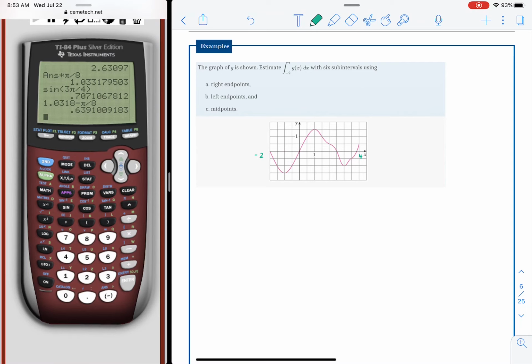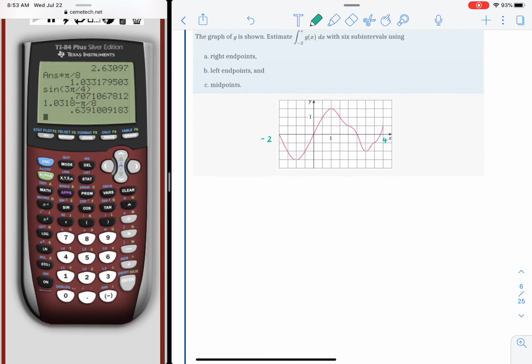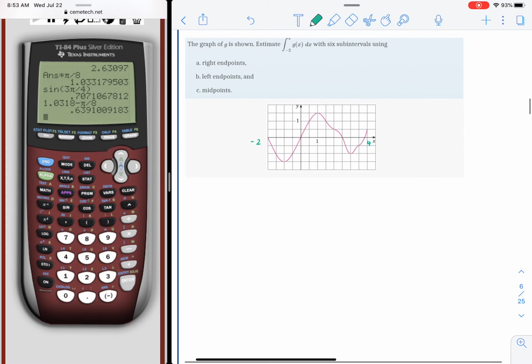So we have to do the same process. We have to estimate the value of the integral using right endpoints, left endpoints, and midpoints. So let's first start with finding delta x. What is delta x?